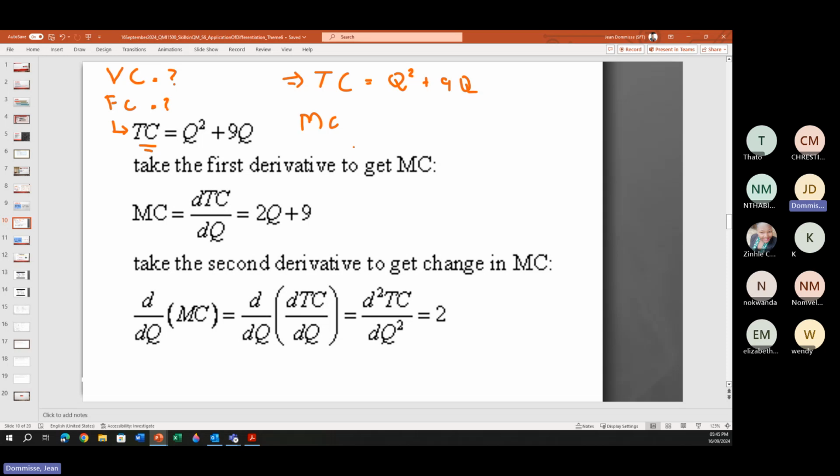They might also tell you to work out the marginal cost for quantity equal to 20 where total cost is equal to this. So we will also do that in this instance. Marginal cost is the first derivative of total cost.